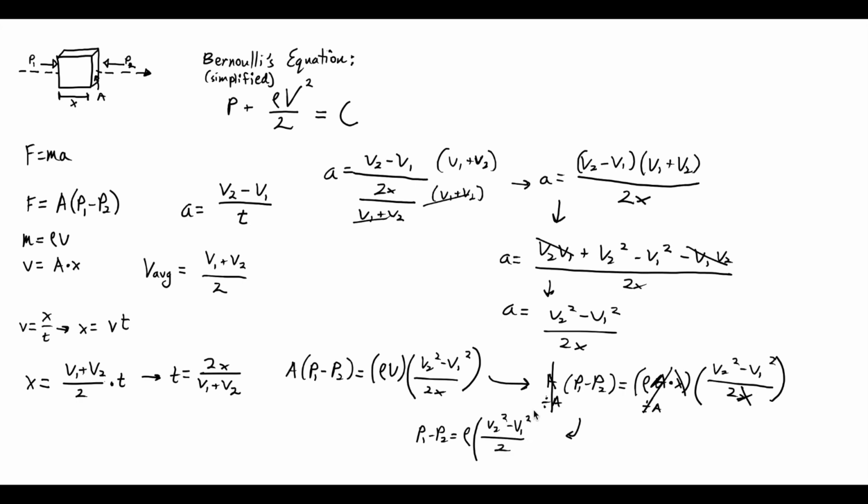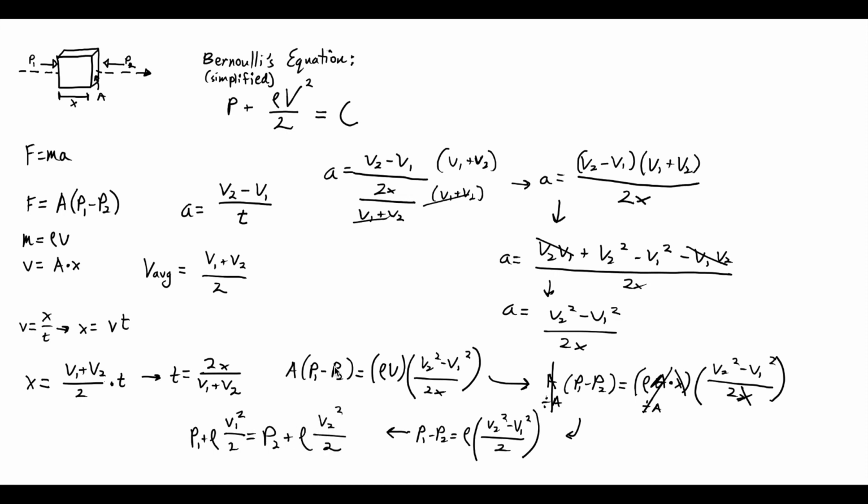And this is starting to look awfully like our Bernoulli equation up here. If we simplify this by moving all of the V1 bits of the equation to the left, and moving the P2 pressure variable to the right, we would end up with P1 plus rho times v1 squared over 2 equals P2 plus rho times v2 squared over 2.